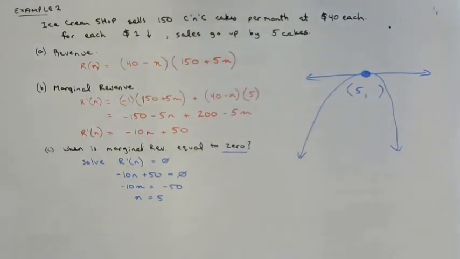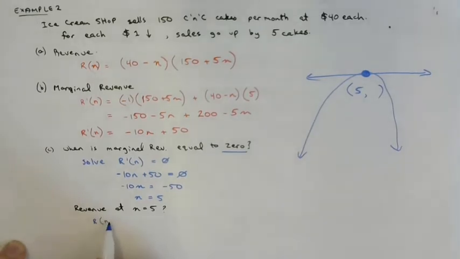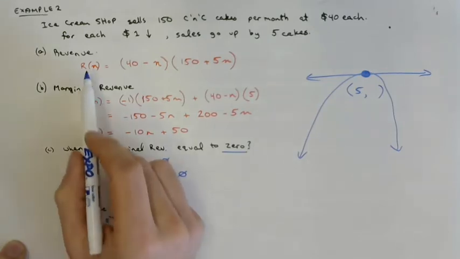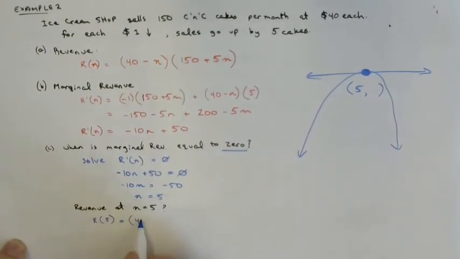So now to determine what the revenue is, revenue at n equals 5, we just plug that number back into our revenue function. R with respect to n equals 5. So we're going back into our revenue function. Anywhere we see an n, we're going to put a 5.